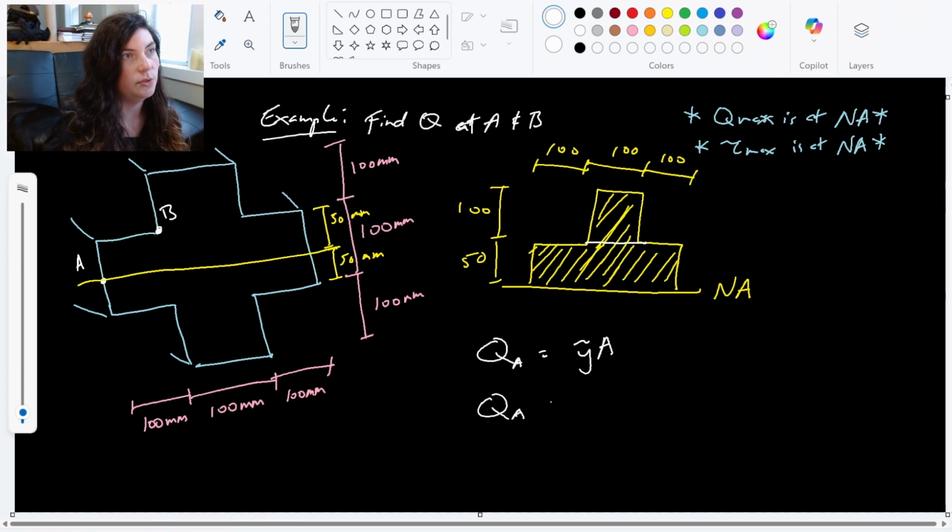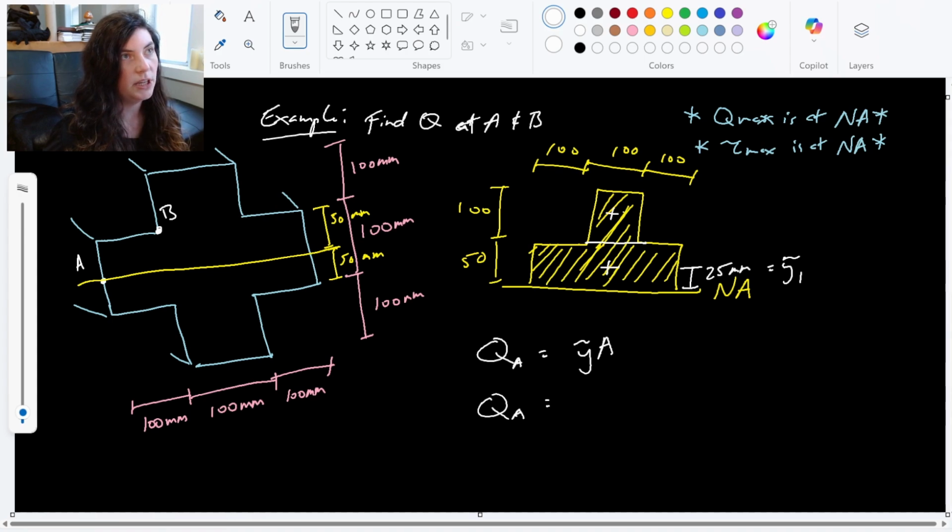If I go ahead and do that, the centroid for this bottom shape here is going to hit right in the middle, right? So it's 25 millimeters from the neutral axis. That would be Y tilde 1, 25 millimeters.